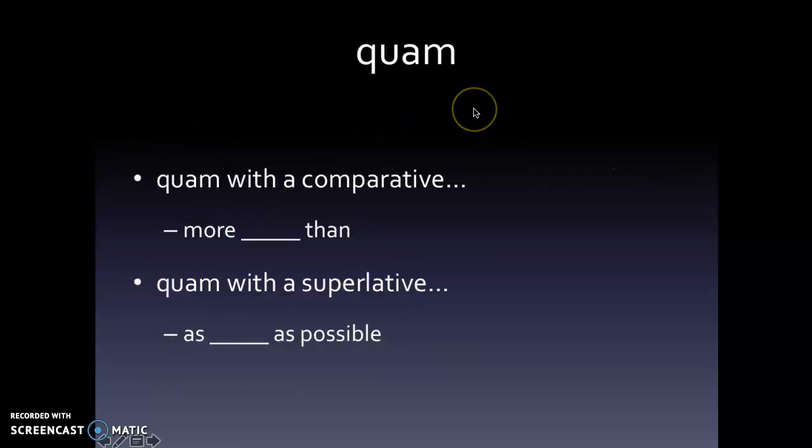And then we've got quam. Quam with a comparative would just be more blank than someone or something else. So Billy ran more quickly than Bobby. Quam with a superlative would be as blank as possible. So Billy ran as quickly as possible.